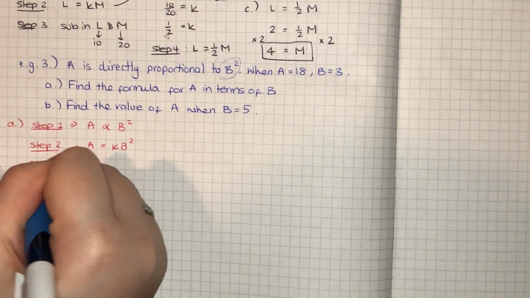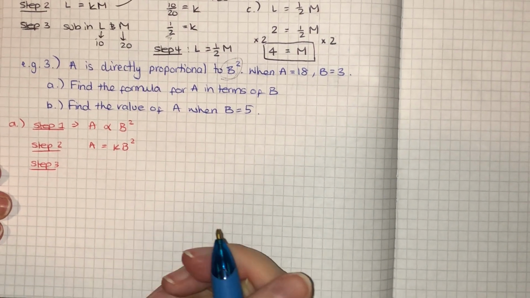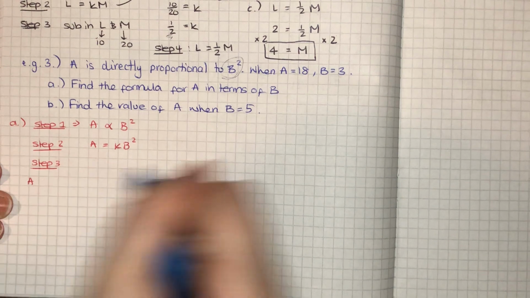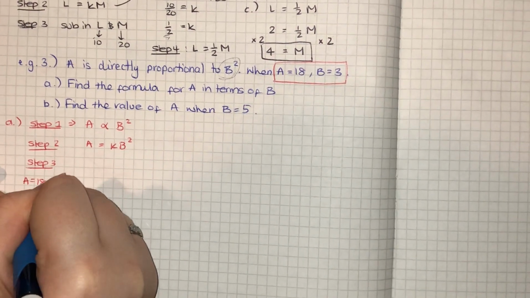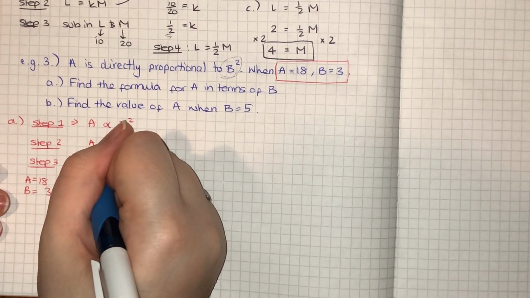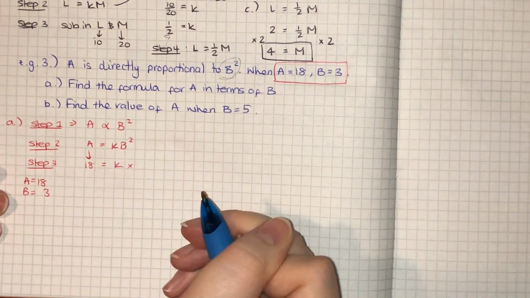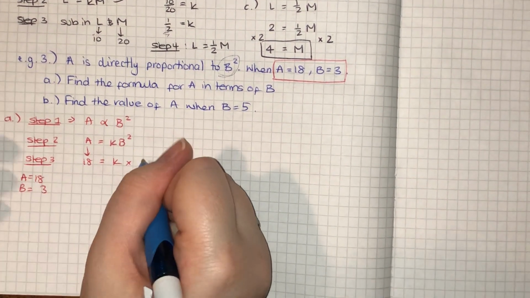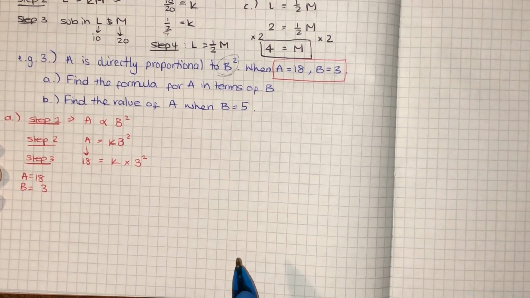Okay, step 3, this is where it goes slightly troublesome. So we're told from here in the question that when a is 18, b is 3. So I'm going to change the a to 18. Leave the k as it is for now, and b is 3, but we've got to square it because it's b squared.